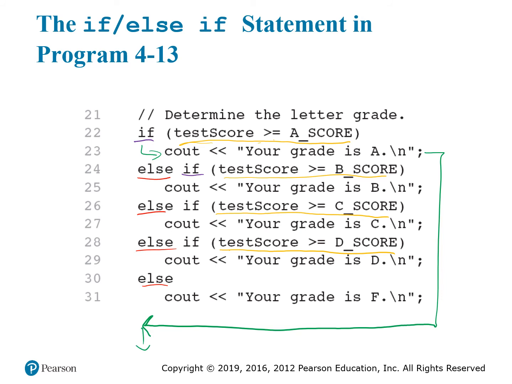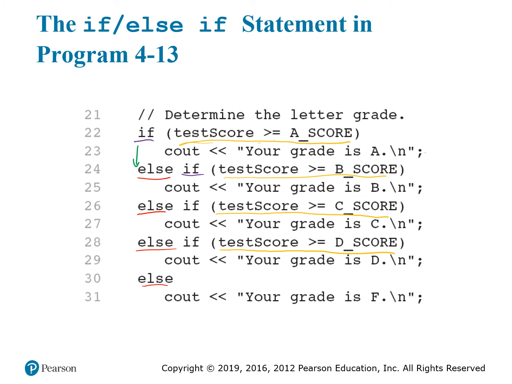The other is that if this doesn't match, and we go to the else, I don't have to say if test score is greater than B score and less than A score, because I've already tested A score.